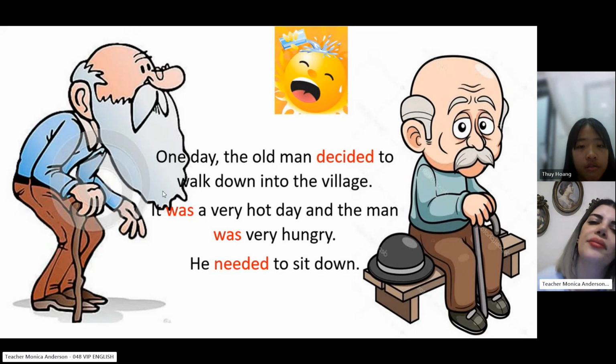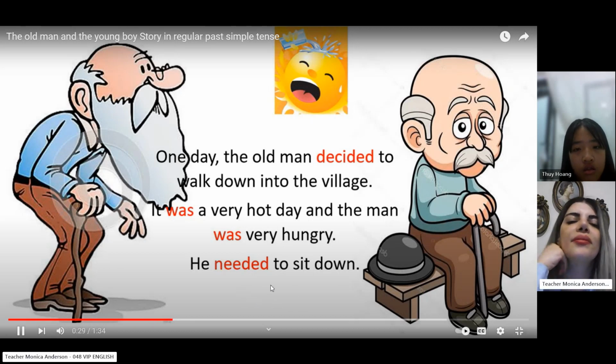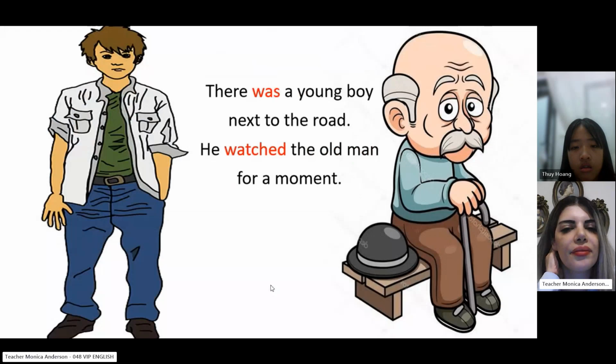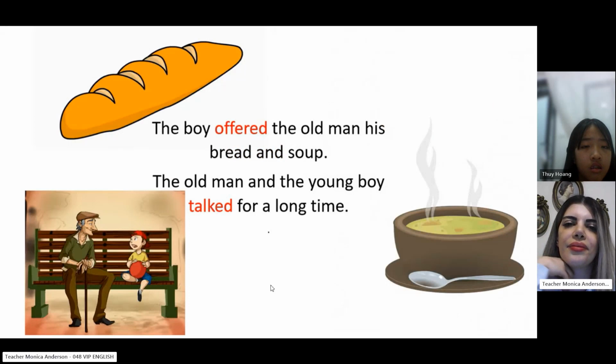It was a very hot day, and the man was very hungry. He needed to sit down. There was a young boy next to the road. He watched the old man for a moment. The boy offered the old man his bread and soup.